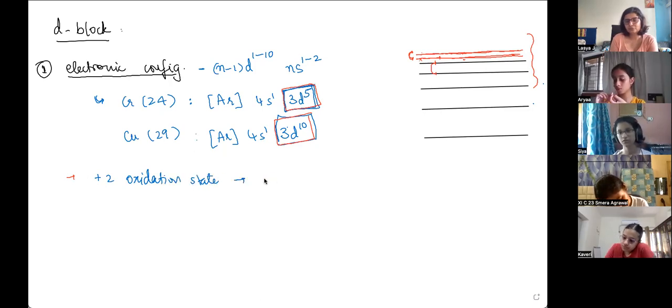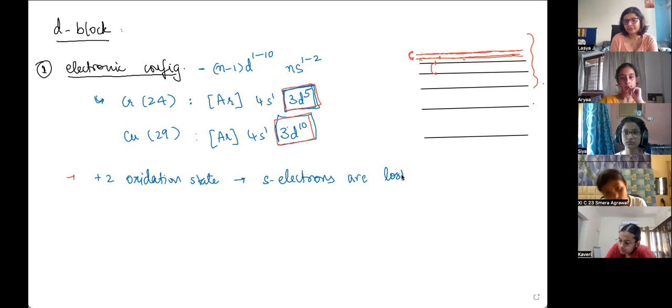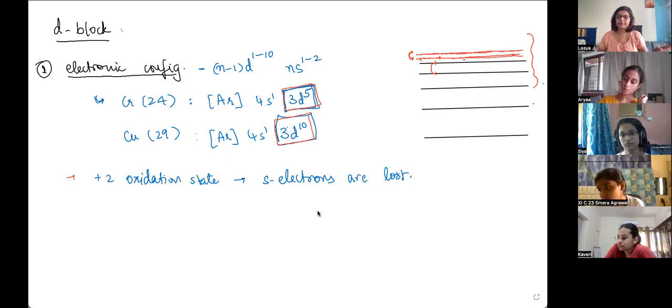So this is where they lose the s electrons. After +2, the rest of it is all variable. It depends from element to element. But this is a common thing among all d block elements that they show a +2 oxidation state. This is the most common oxidation state where the outermost s electrons are lost.